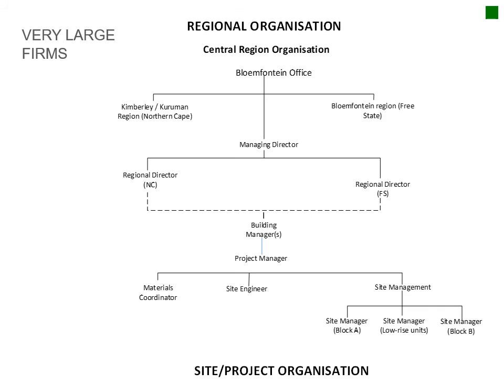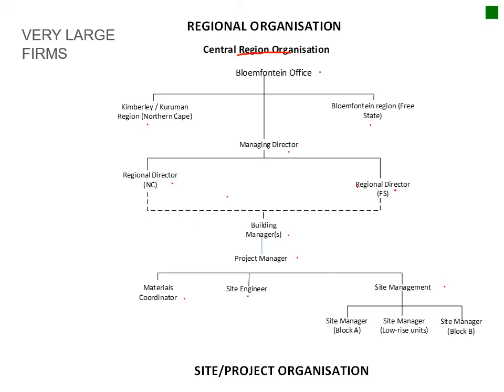Then the very large firms may have a subdivision of these things, but this is more or less an example. You may have a Bloemfontein office in a central region, and then Kimberley and Kuruman as one office, and the Bloemfontein region as another office. You have a manager for them, then a regional manager for each, and you've got the building managers, project managers, material coordination, site engineers, and so forth.